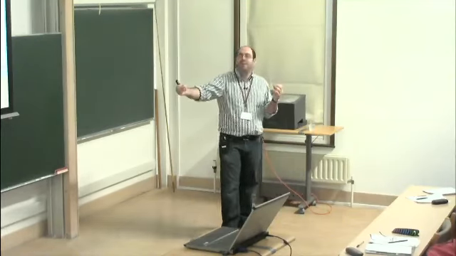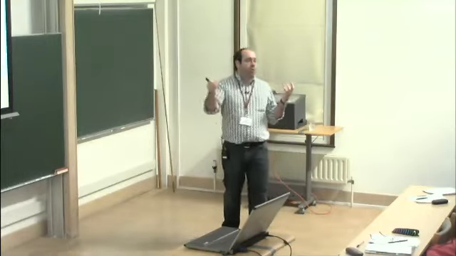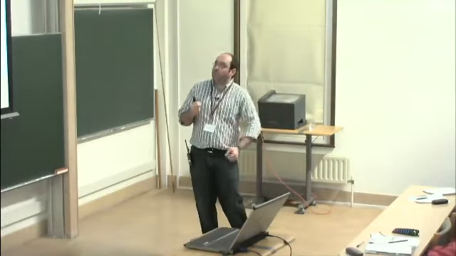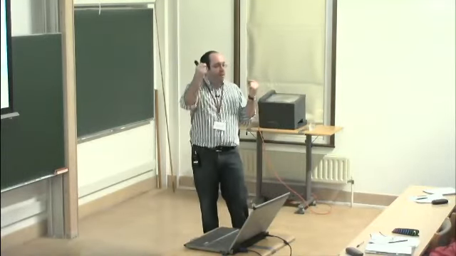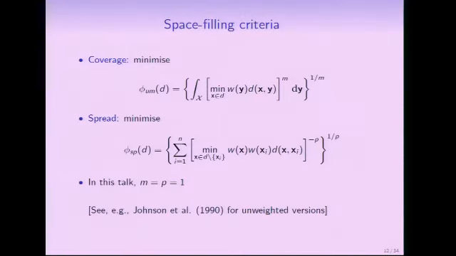We define that, the distance between a design and a point, as being the smallest distance between a point in the design and the point we're looking at in the design region, which is why we have the minimum in there. And then with the spread designs, what we're looking to do is minimize the sum of the reciprocals of the distances between the points in our actual design. That will spread them out as much as possible.